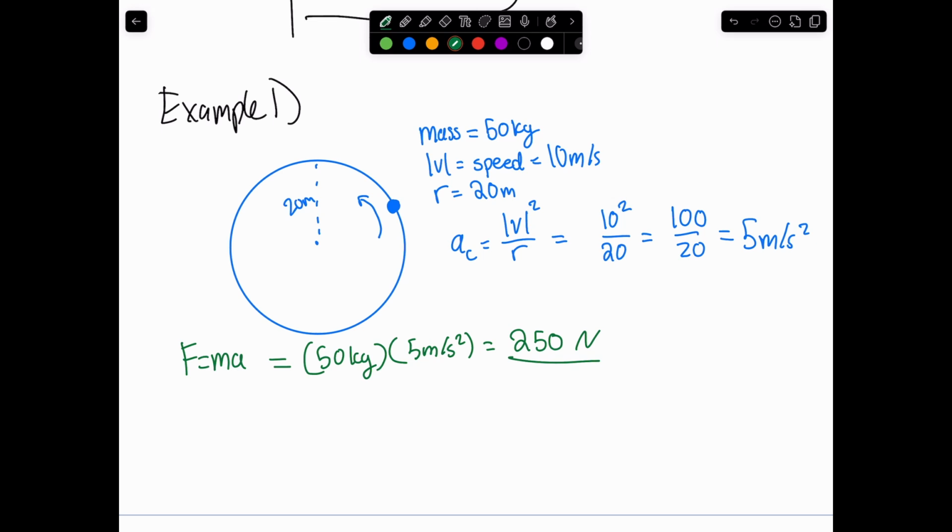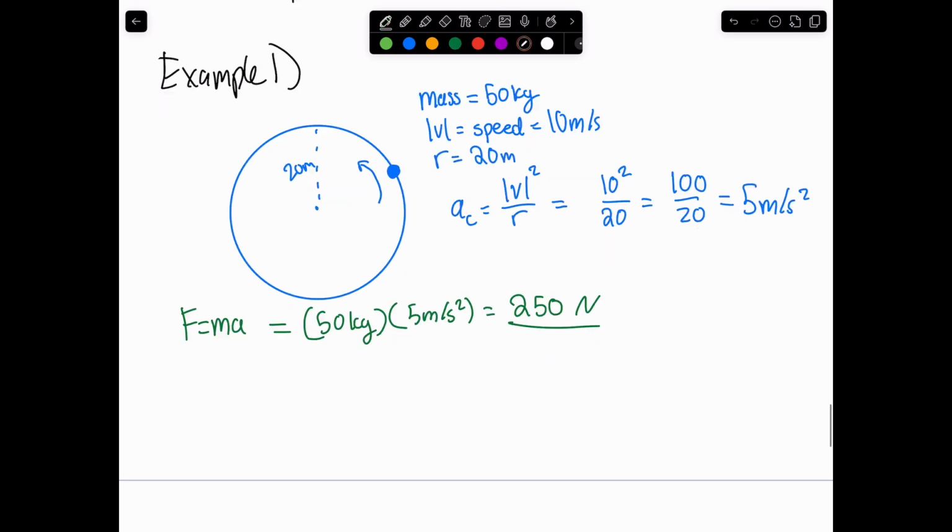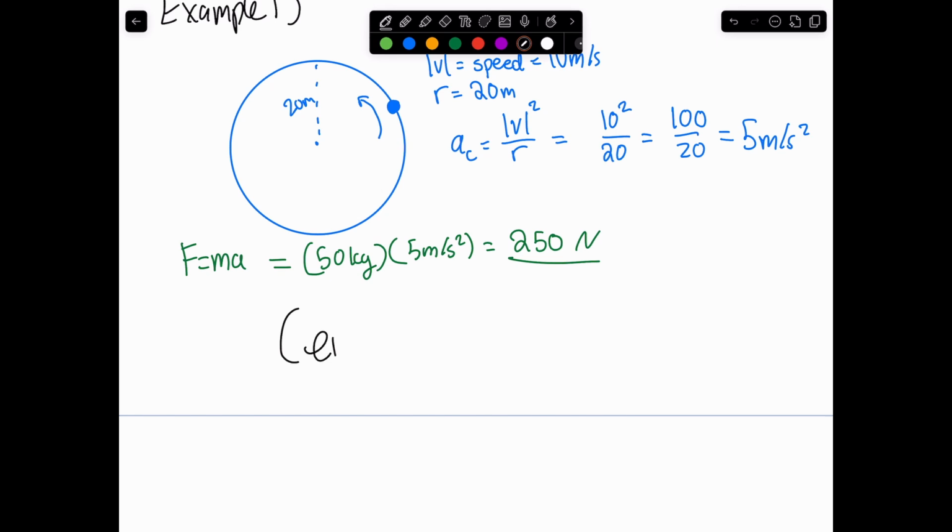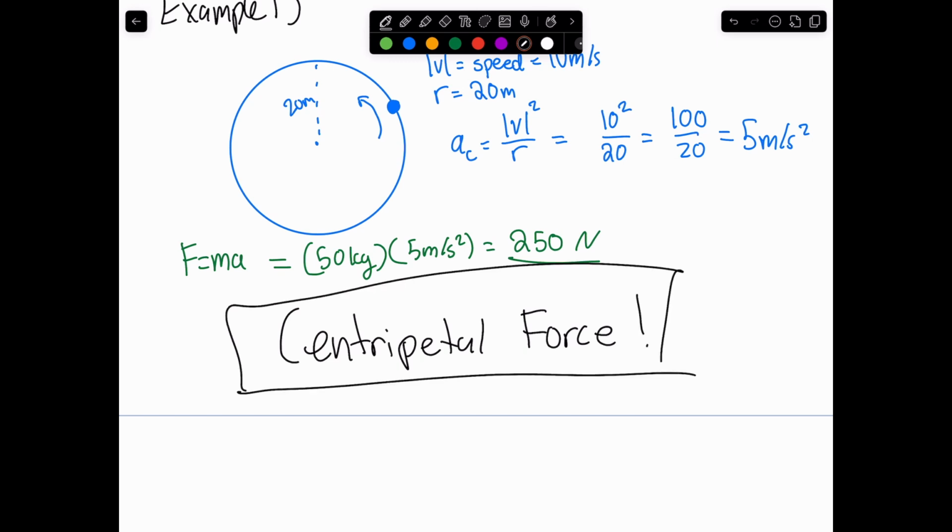So what on earth is this force? Well, you're in luck, because the name is pretty easy to remember. This is the centripetal force. Exactly the same name as the acceleration we had before. And that's because the centripetal force is found using centripetal acceleration. And you might be thinking, hey, wait a minute, doesn't centripetal mean center seeking?